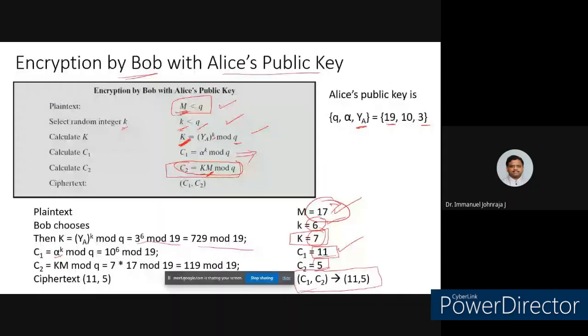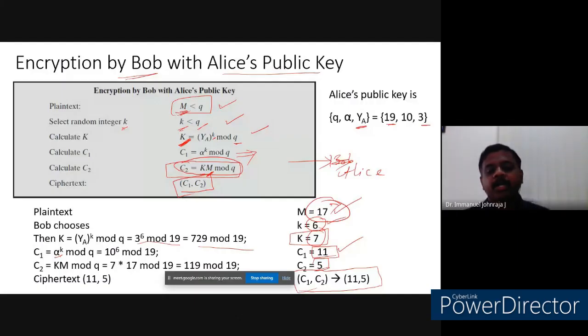C2 contains the essence of the message. These two numbers, C1 and C2, are exchanged across to Alice, sorry, because it comes in the reverse.